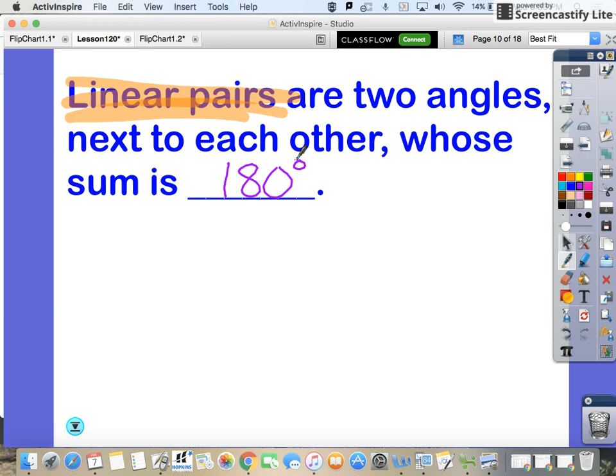Okay, so linear pairs add up to 180. This is really nice because if you have an angle that's like 5 degrees right here, these two are a linear pair, so you do 180 minus 5, and you know this is 175 degrees. So it's kind of cool, I guess, these relationships.